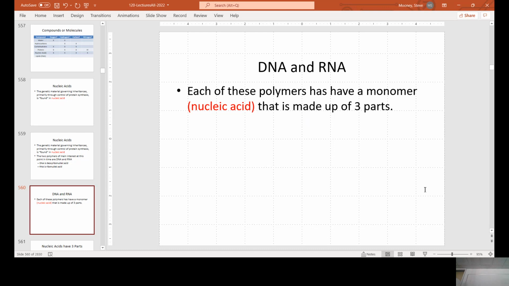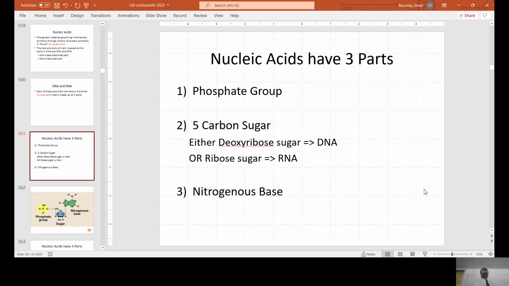So the monomer that makes up DNA and RNA has 3 parts. Each of those molecules that are the monomer, the nucleic acid, has 3 parts. Those 3 parts are a phosphate group. We have a sugar.